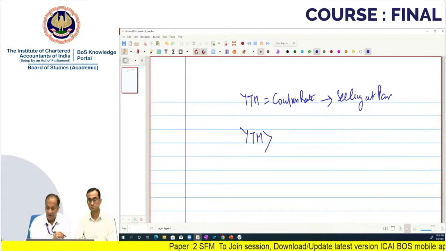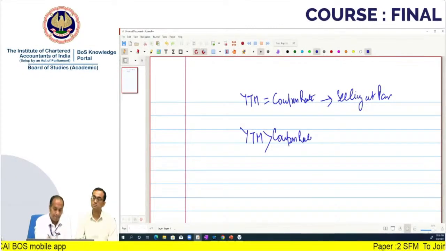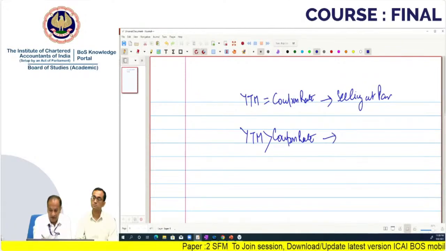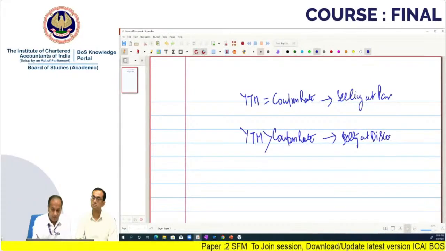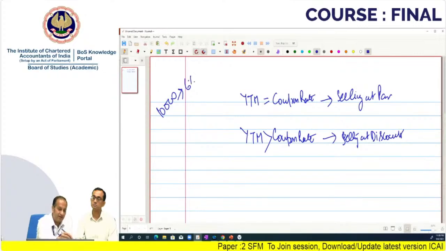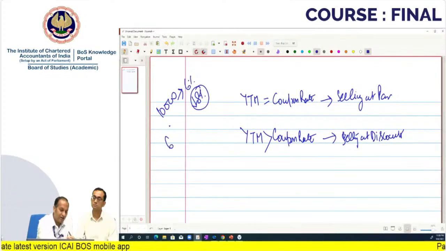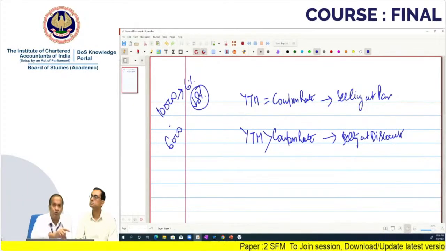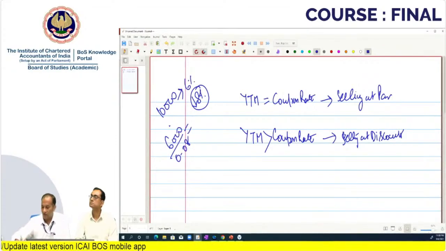If the YTM is greater than the coupon rate, the bond must be selling at a discount. As I told you, if on 10,000 invested I am getting 6%, and after 1 year the rate of interest becomes 8%, then to get the 600 rupees I do not need to invest 10,000.